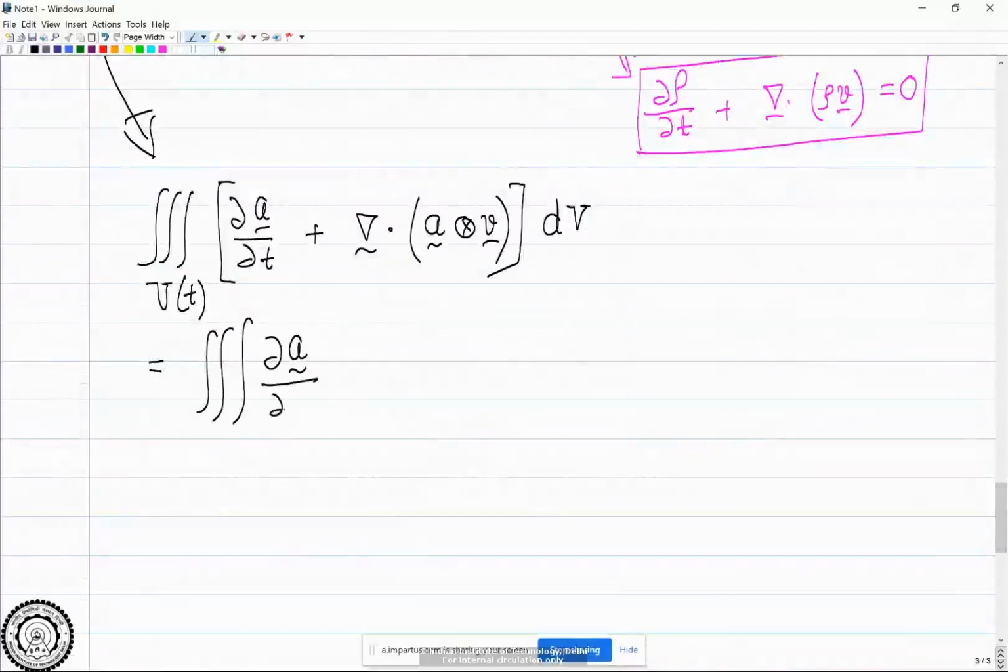The first term will be as it is over Vt dV, but for the second term you use the Gauss divergence theorem when the quantity is a second order tensor.